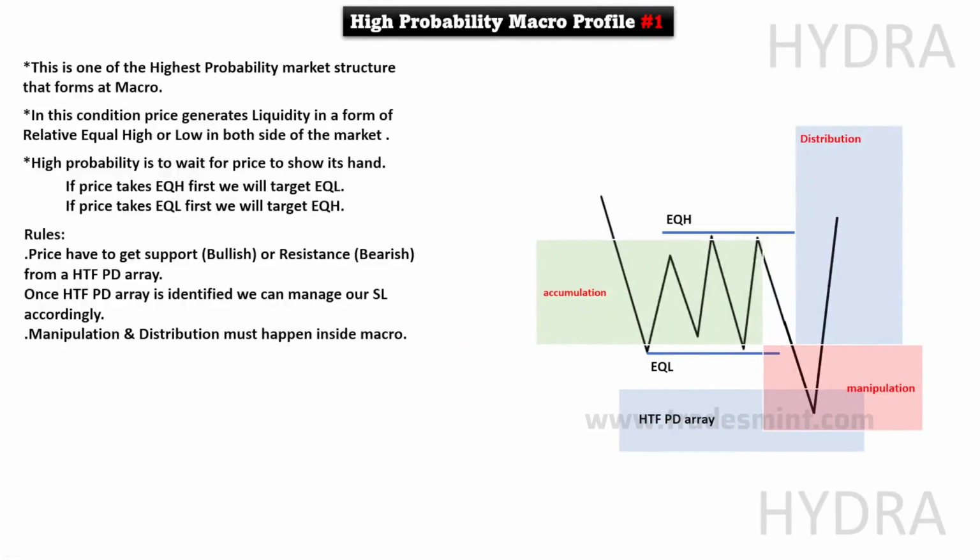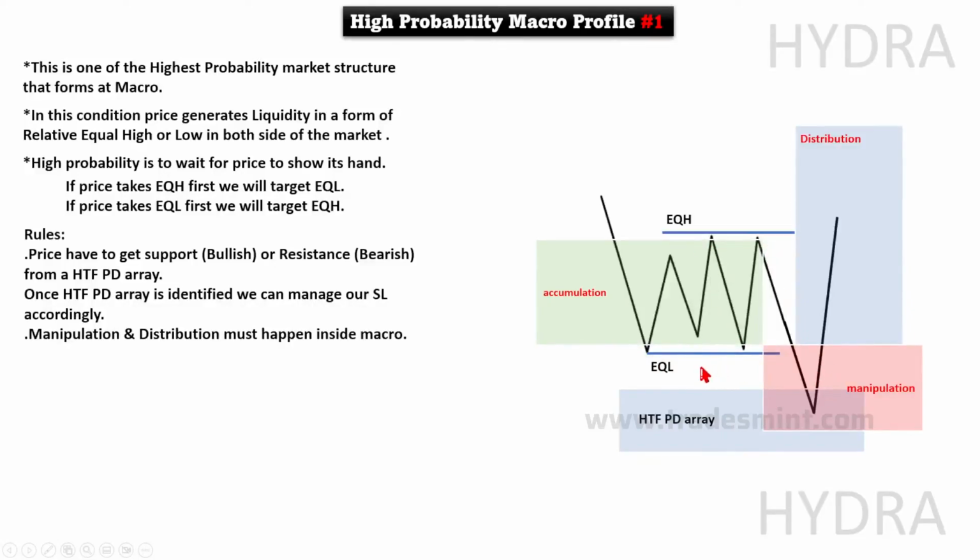So let's find our accumulation, manipulation, and distribution phase here. It's very easy to spot in this scenario, okay folks? We have our accumulation of orders here until price clears out one side of the liquidity. That's our accumulation phase. Once price goes below these relative equal lows or highs, that will be our manipulation phase.